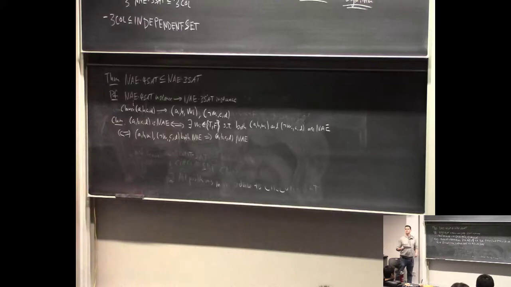Yes? I think intuitively it makes sense to me because there's one true and one false in ABCD, and so WI and not WI will kind of head against both of those. Yeah. But don't you have to know which one is the true and which one is the false? No, because we're talking about existence of a satisfying assignment.